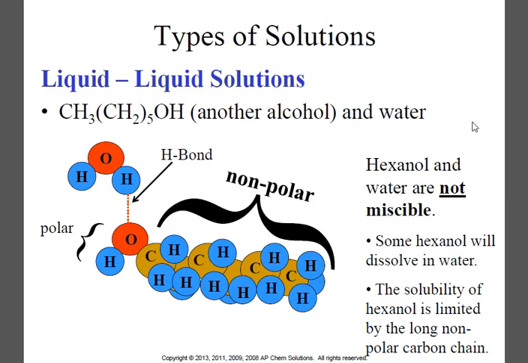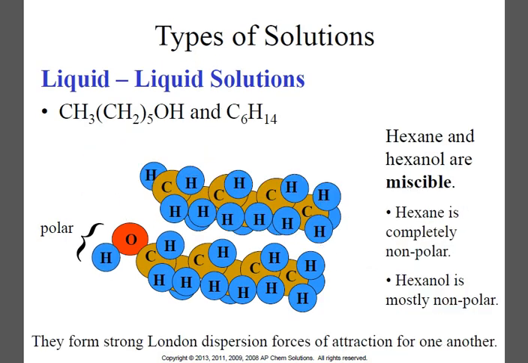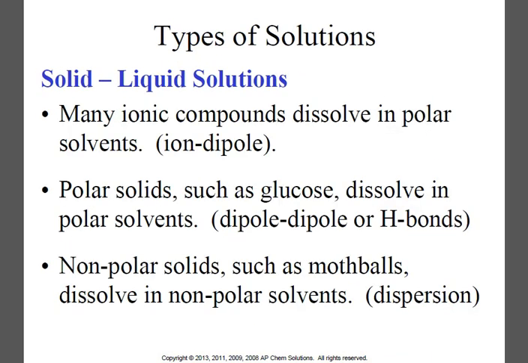So they're soluble, but not infinitely so. And then going back one more, methanol and water, they both have that hydrogen bonding, and methanol just has that tiny nonpolar region, so it doesn't affect the intermolecular forces as much, and so those are infinitely soluble in each other.